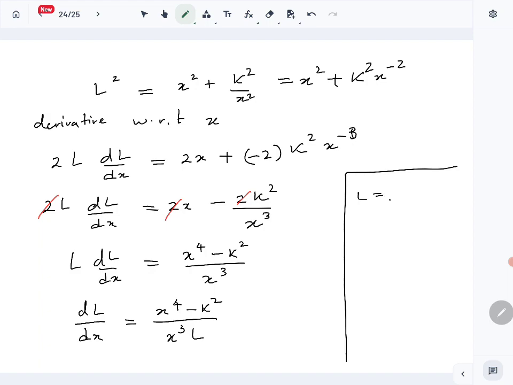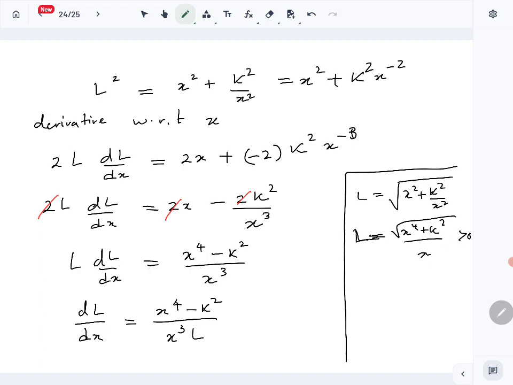L is square root of x squared plus k squared over x squared, or x to the 4 plus k squared, this one.